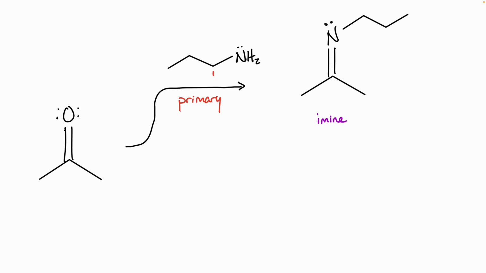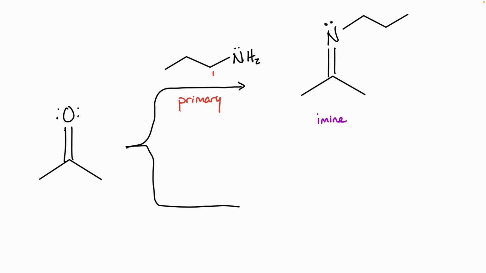All right, so if we look up here, it's like I've taken my amine here and I've just attached that nitrogen to where that oxygen used to be, right? I used to have a carbon-oxygen double bond. Now I have a carbon-nitrogen double bond, all right? So in order to do that, that nitrogen had to lose two of those hydrogens in that process, right? The two that it was originally bound to.